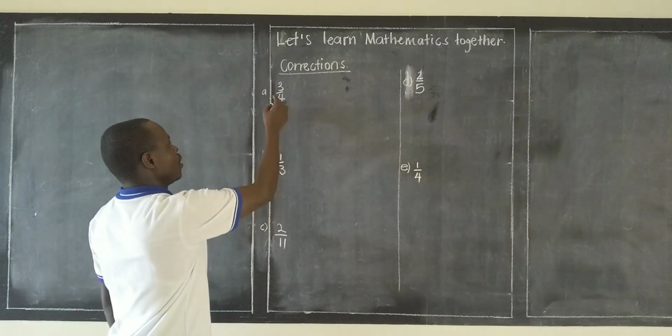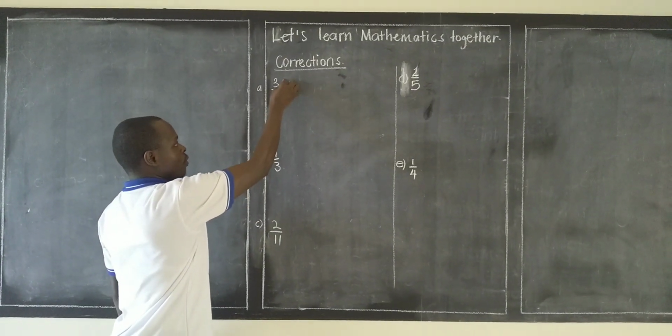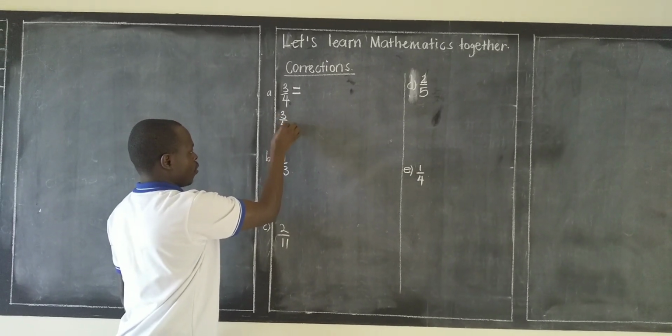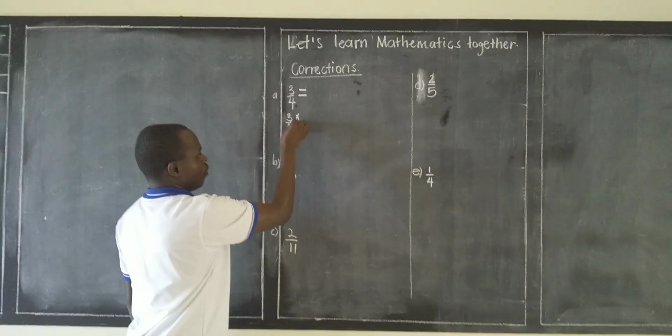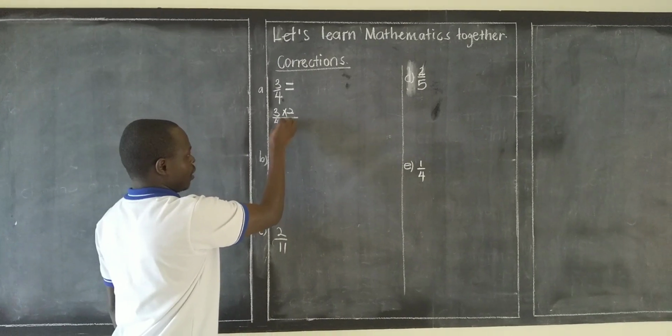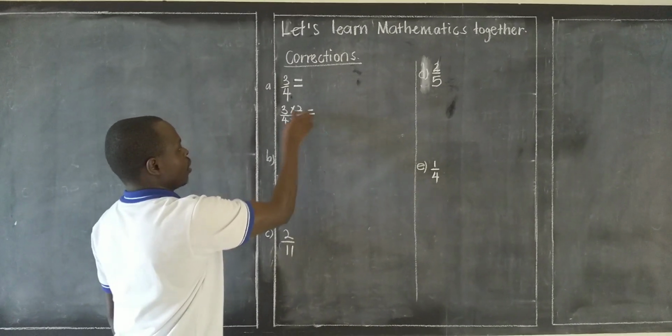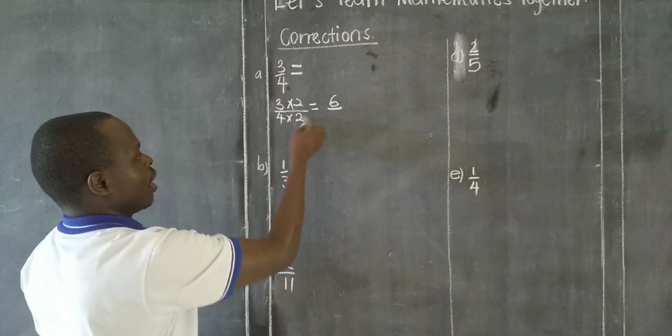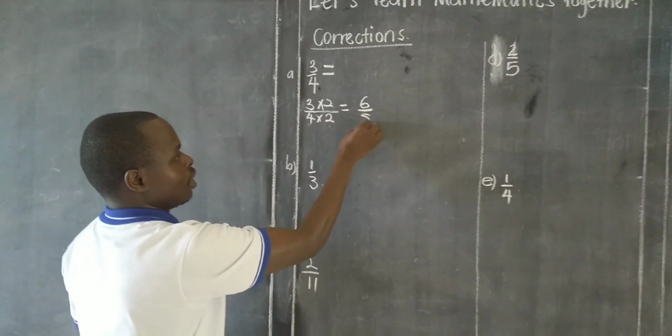So let's see. 3 out of 4 times 2. This will give us 3 times 2 is 6, and then 4 times 2 is 8.